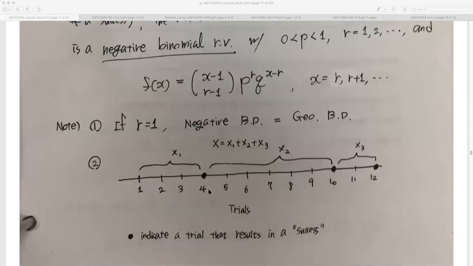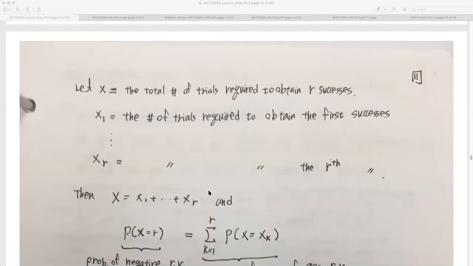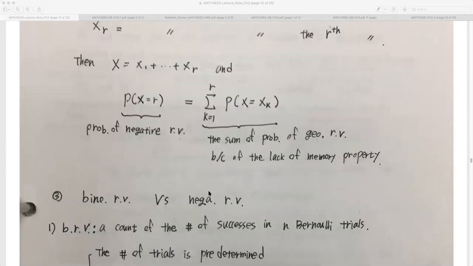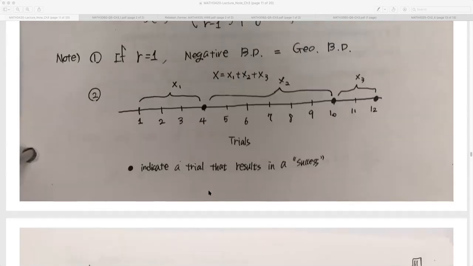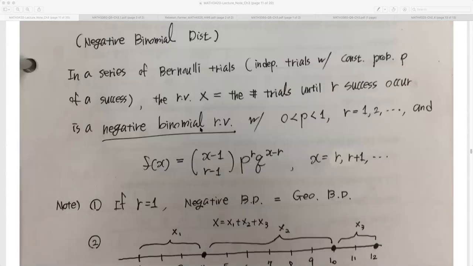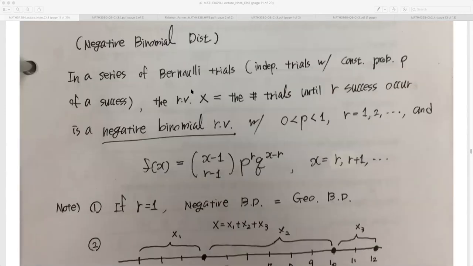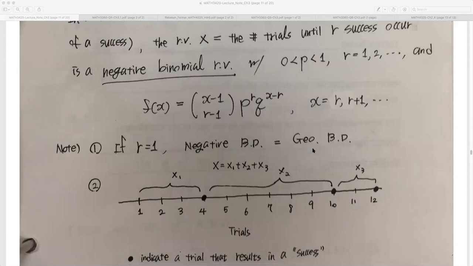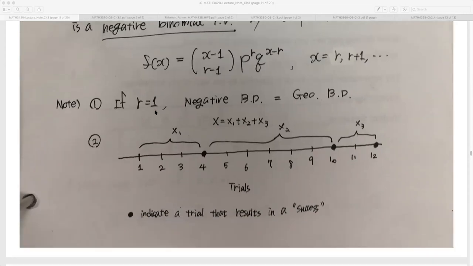Give me a second. Or you could express the negative binomial distribution in terms of the geometric distribution using the lack of memory property. If r equals 1, I told you the negative binomial distribution is equal to the geometric distribution.